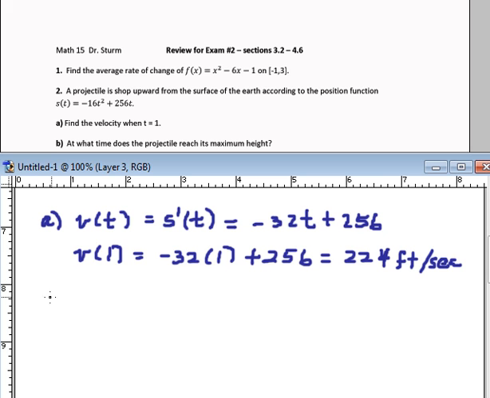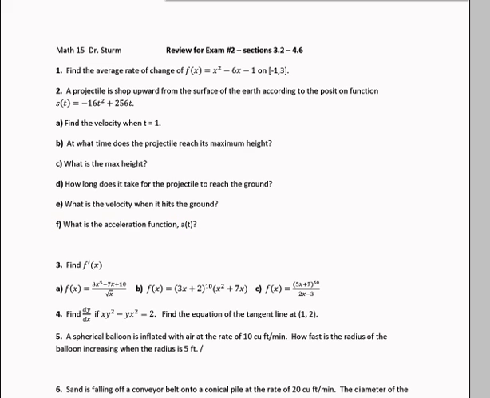Okay, for B, at what time does the projectile reach its maximum height? So there we see it says at what time. Okay, so here we're talking about time over here. And maximum height.